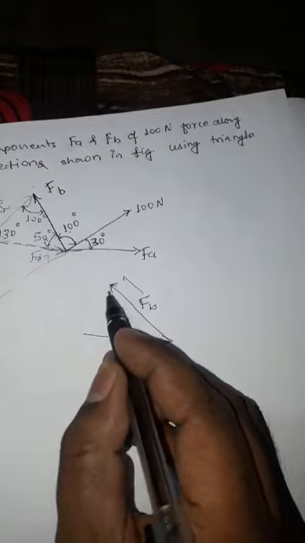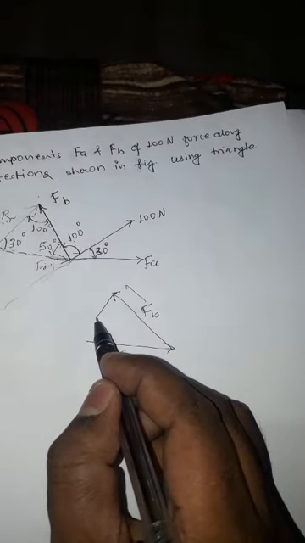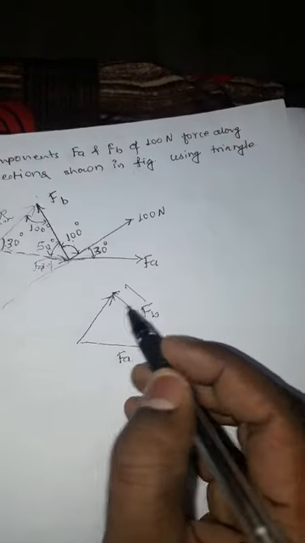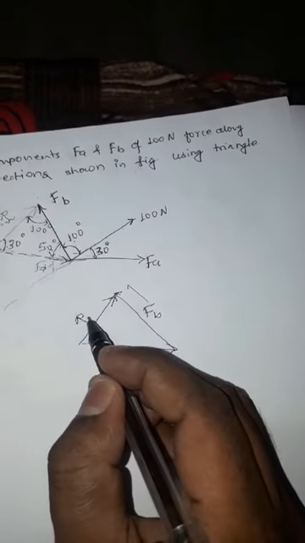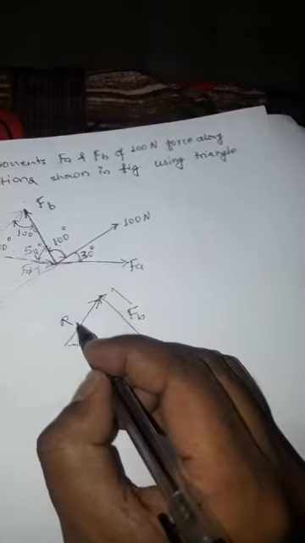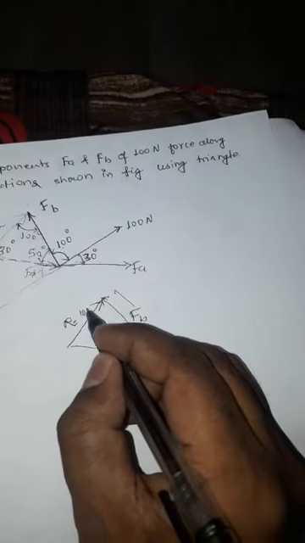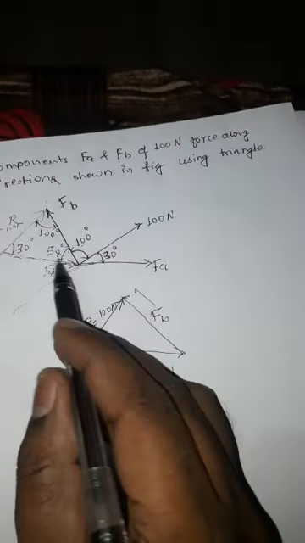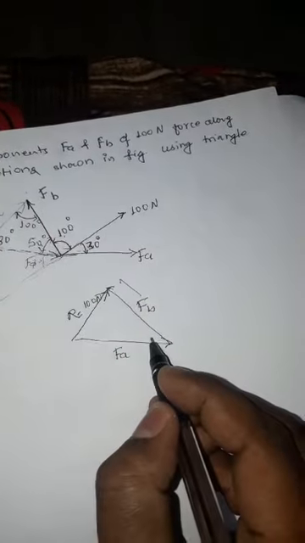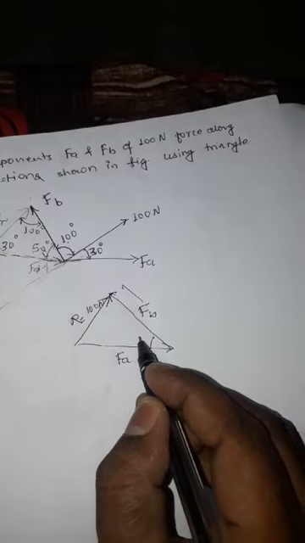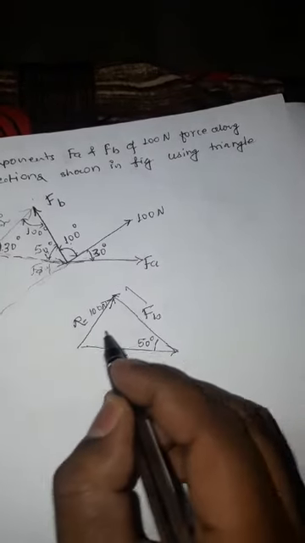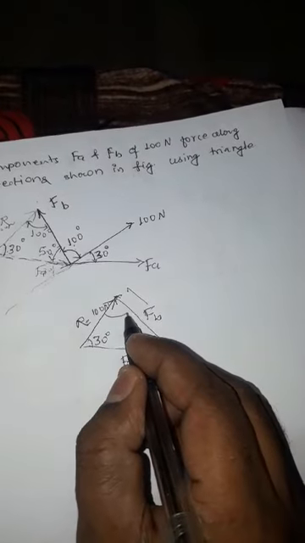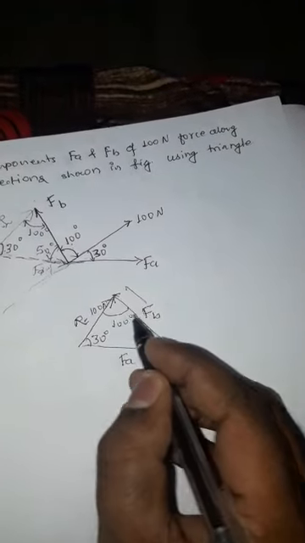So this closing side will represent the resultant, which is nothing but equal to 100 Newton force. Okay, so already I have calculated the angles here, 50, 30 and 100, that I am going to show here. So this is 50 degree, this is 30 degree and this is 100 degree.